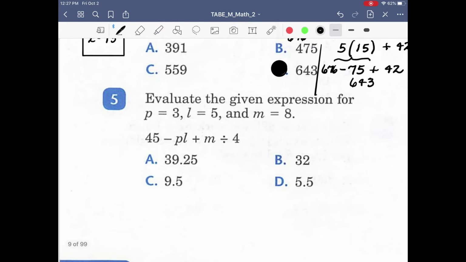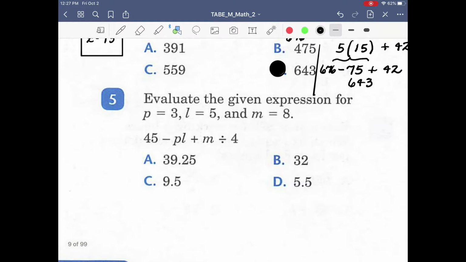Okay, number 5. Evaluate the given expression for P is 3, L is 5, and M is 8.